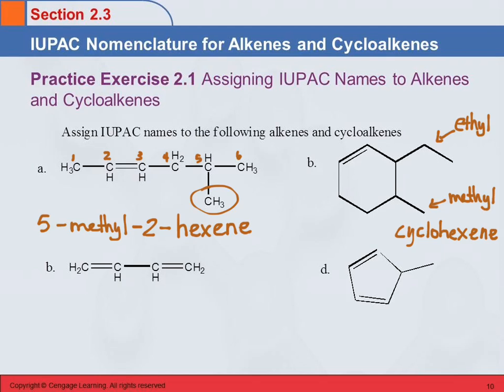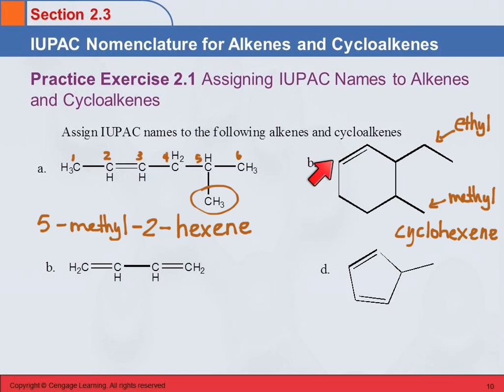Numbering this ring, we're going to start at one end of the double bond and go either clockwise or counterclockwise. Now if I start here, that would be 1, 2, 3, 4. This guy would get a 5. That guy would get a 6. So those are pretty high numbers.